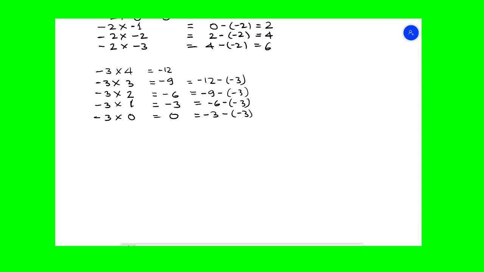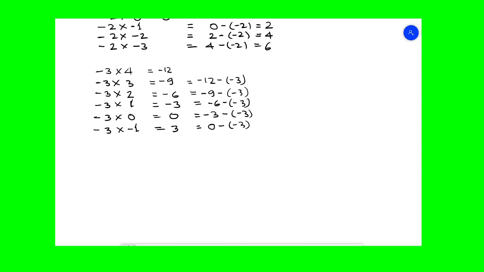Now we go to minus 3 multiplied by minus 1. So our previous figure is 0. So I am just putting this multiplication as 3, and we are going to the previous figure, which is 0 minus minus 3.